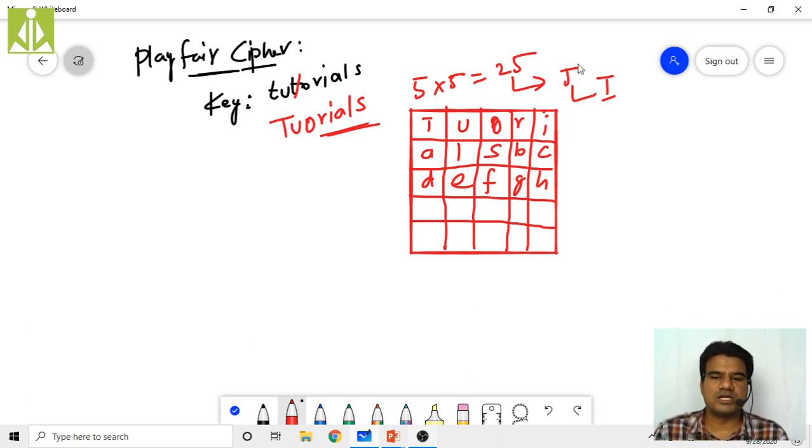Because this is standardized. In regular routine English, it is observed that whatever sentences or words we are going to frame, we use the J character very less. I mean, very rarely we use this J character.